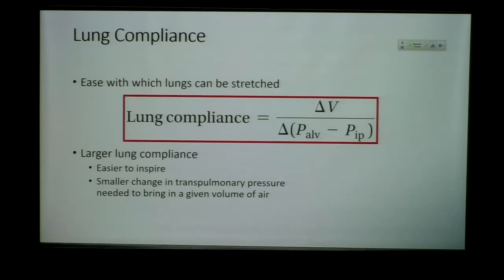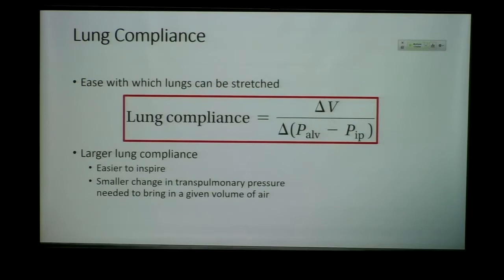Intrapleural pressure subtracted from alveolar pressure. What does that represent? That's a value that we spoke about. Transpulmonary pressure. So our difference in volume, our volume change, divided by our transpulmonary pressure change, which is essentially that alveolar pressure minus the intrapleural pressure. And this is how we can calculate the lung compliance, the ease with which the lungs want to expand.